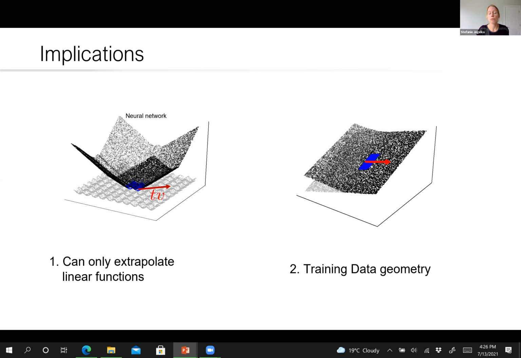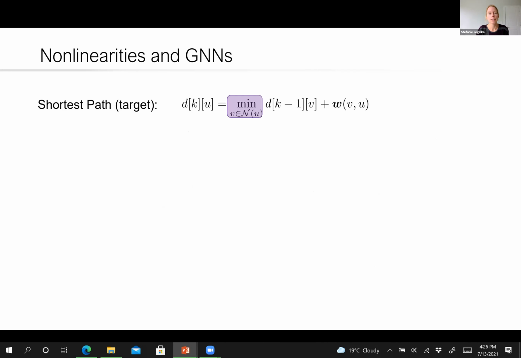So let's look at the first one, that we only can implement linear functions. And let's look at our running example again, the shortest path. What I said is that you can learn shortest path if each aggregation function implements this dynamic programming update, where you take the min over your neighbors and add the edge weight to the neighbor.